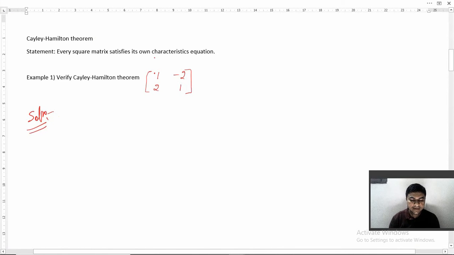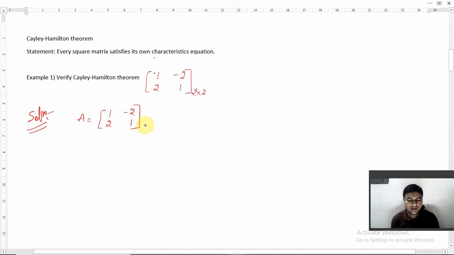First, we see that characteristic equation, this is of order 2 cross 2. Whenever the order is 2 cross 2, please remember 2 rows and 2 columns is nothing but the order 2 cross 2. So please write this matrix. I'm going to take this as A is equal to 1 minus 2 to 1.